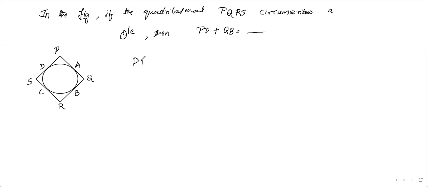Okay, so PD is equal to PA, and QB is equal to QA. So let us denote this as 1 and 2. So these are the lengths of the tangents drawn from an external point, which are equal.